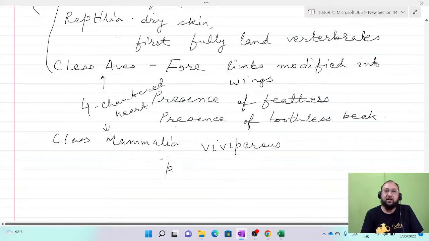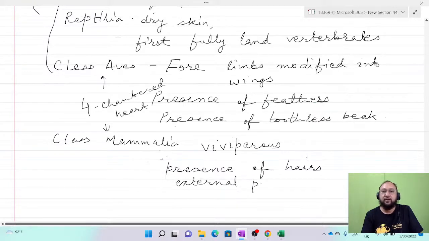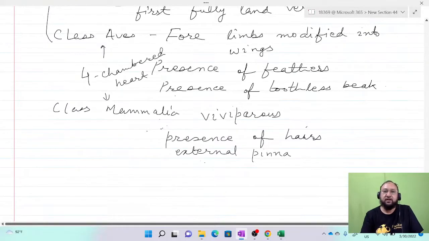That is the presence of hairs on the body surface, and external pinna. Another very important point is the presence of mammary glands.